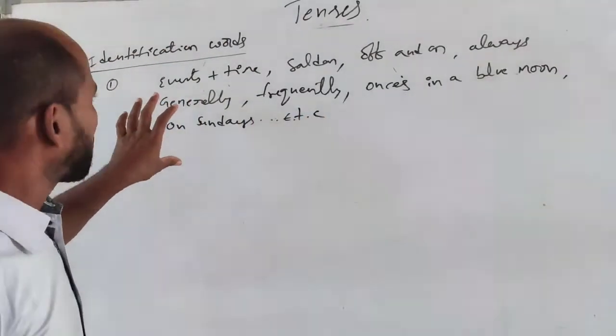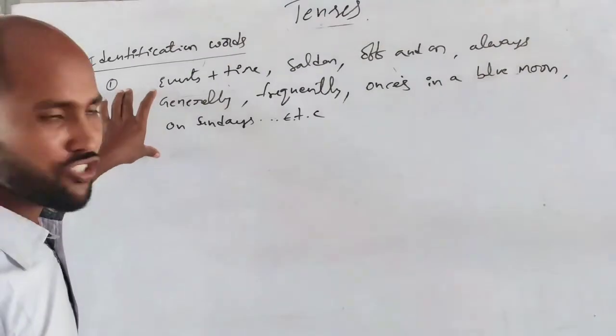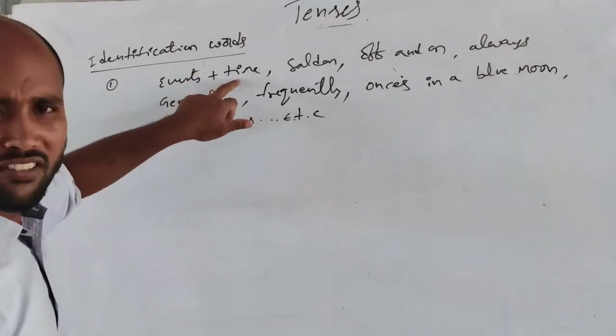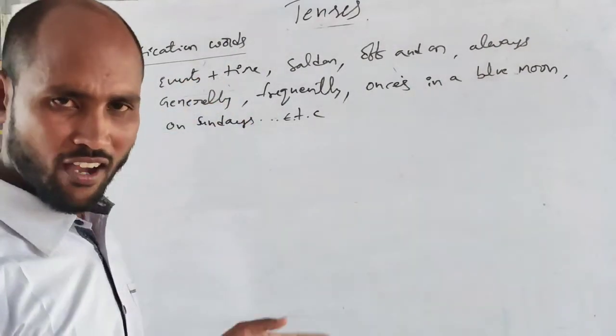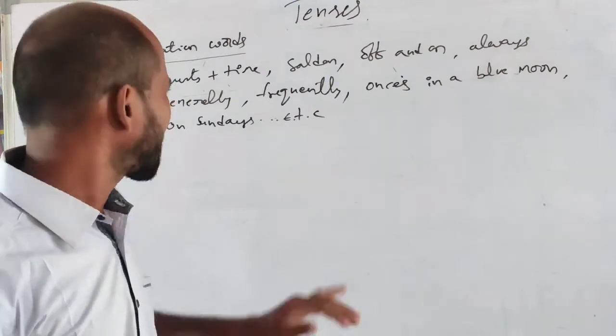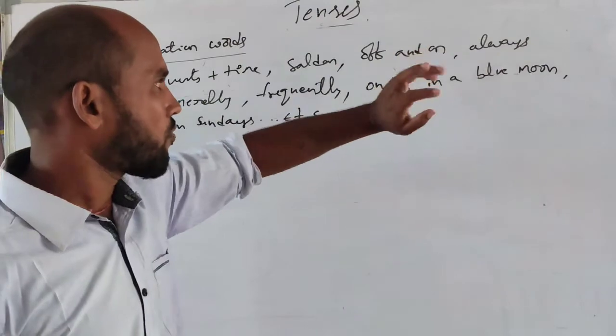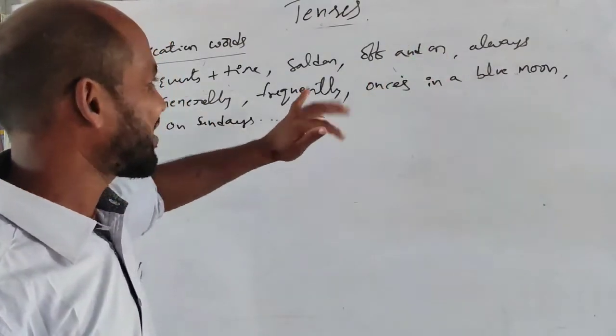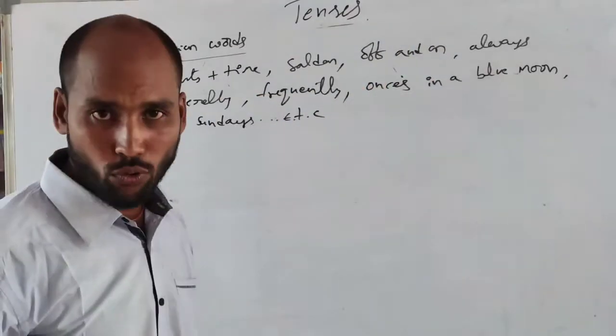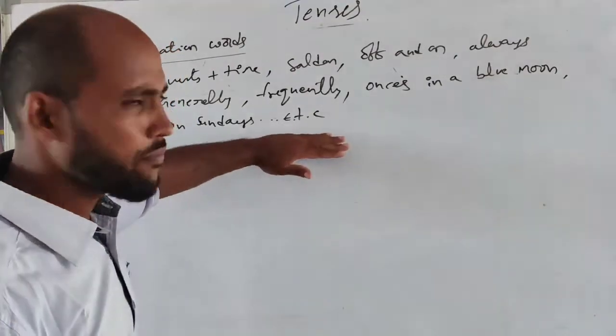Those are some identification words of the simple present tense. Every plus time, that means on Sundays, on Mondays, on Thursdays. Those are the time words: on and off, always, generally, frequently, once in a blue moon, on Sundays. Such type of words.